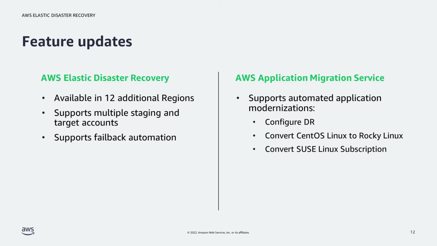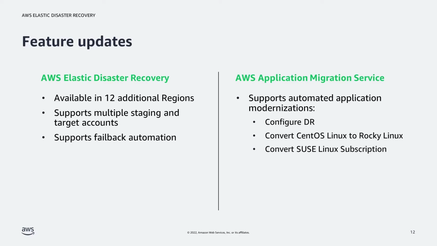But with that support for multiple accounts, if you have a large environment, let's say more than 300 servers, it's a best practice to create multiple accounts specifically dedicated to your staging area. So when you are launching machines, they don't interfere with the APIs that are being run in the staging area.